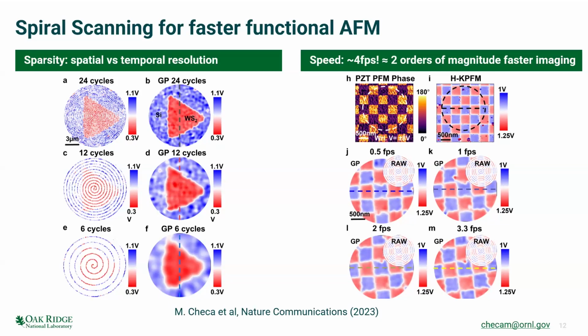So this is 2 orders of magnitude faster than the 16 seconds per image that we found. Obviously, this will depend on what polarization pattern you're mapping. If it's very intricate and has a lot of minute things that you want to map, this gets a little more tricky. But it gives us a lot more temporal resolution in the imaging mode.